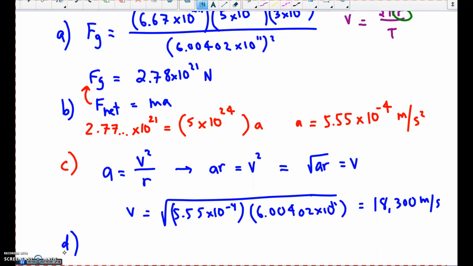In part D, we have to find the period. So we know the speed. We're going to calculate period, capital T, using speed v and radius r. First I'm going to isolate t and figure out what my equation should be. So I'm going to multiply both sides by t.